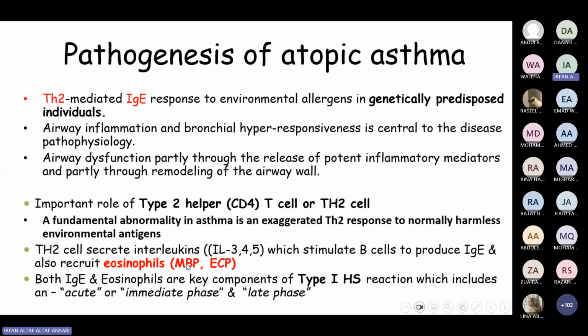Because of secretion of two factors, major basic protein and eosinophilic chemotactic proteins. This produces bronchoconstriction and brings more and more eosinophils, which then secrete more major basic proteins. Both immunoglobulin E and eosinophils are the key components of the type 1 hypersensitivity reaction, which is seen in asthma in the form of an acute or immediate phase, and sometimes as a late phase as well.